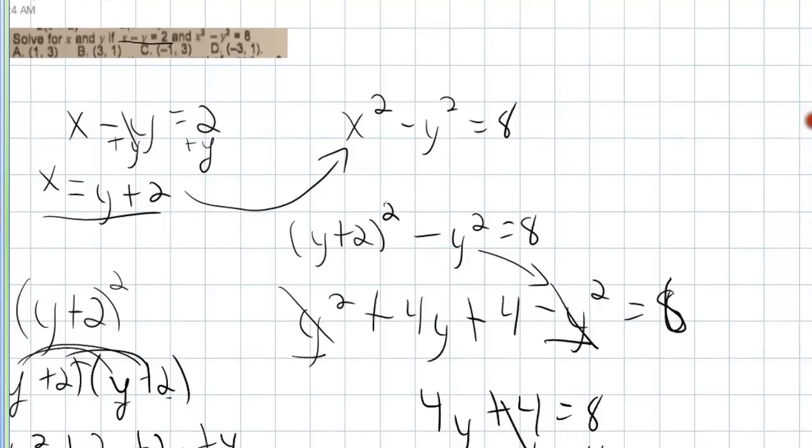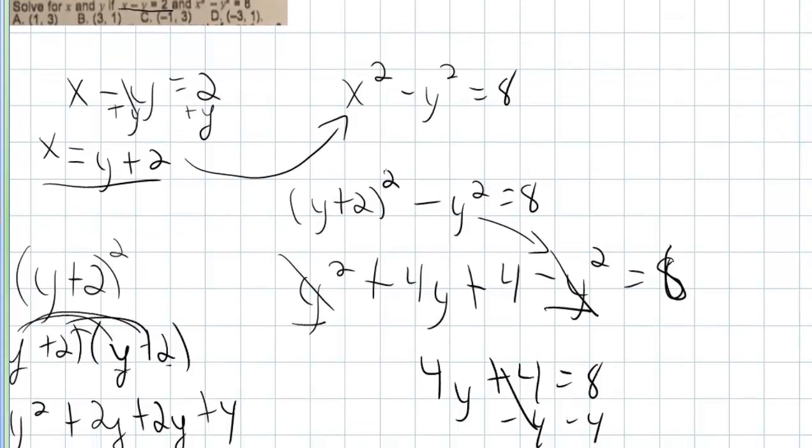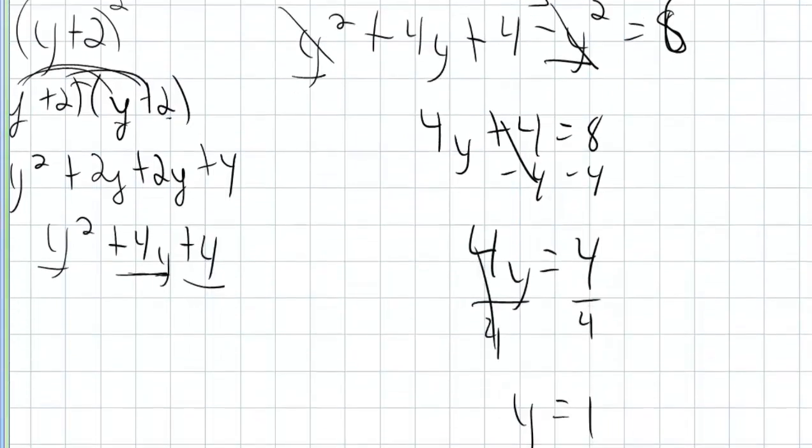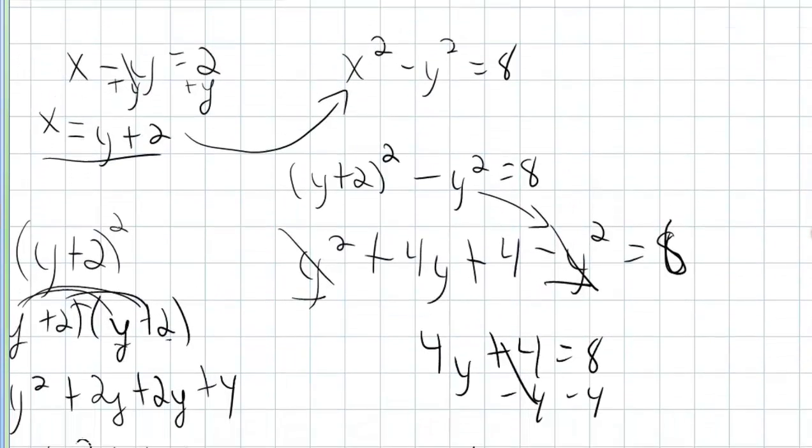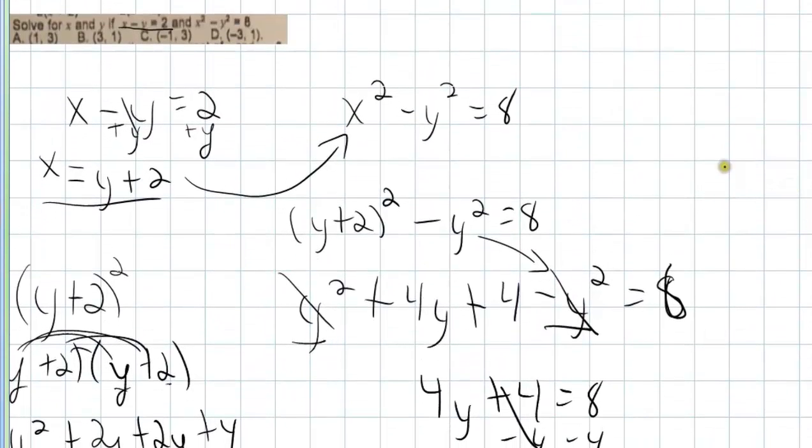So here we have the first part of the problem. And so now we're going to use this to help us get our x. So if y is equal to 1, I can plug it back in over here. So here they told us that x minus y was equal to 2.